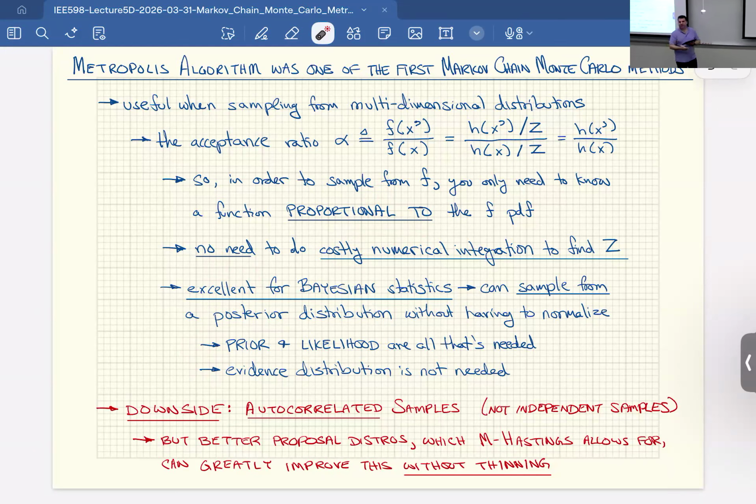And those better proposal distributions would mix faster, and they would reduce the dependence between samples. It didn't fix it completely, but it made it so that you could run these things and be more confident that you would get this independence. Before that, people used thinning: I draw a sample from Metropolis, then I draw 100 samples and throw them out, and then I draw the 101st sample, and that's my next sample.